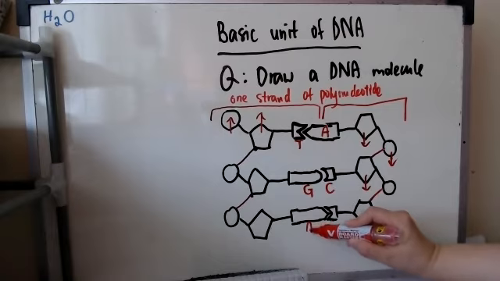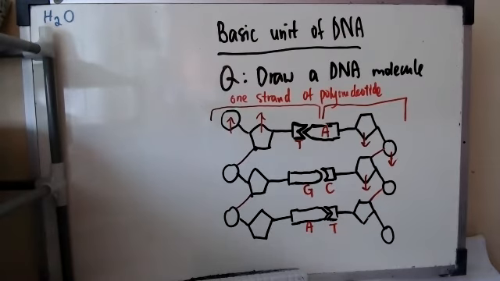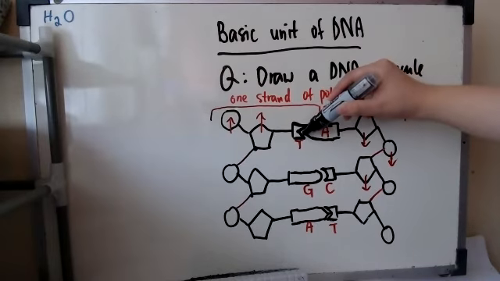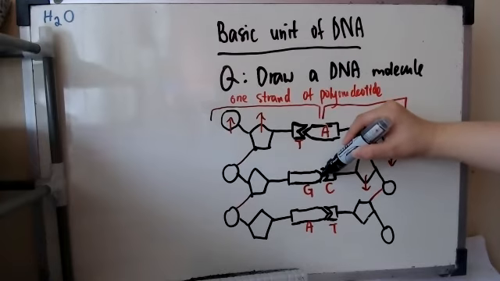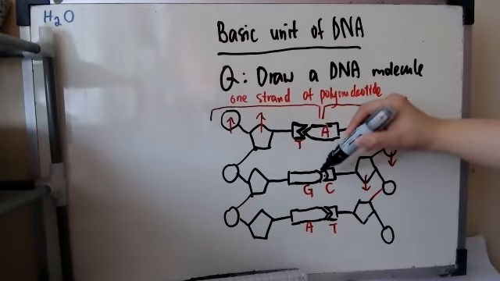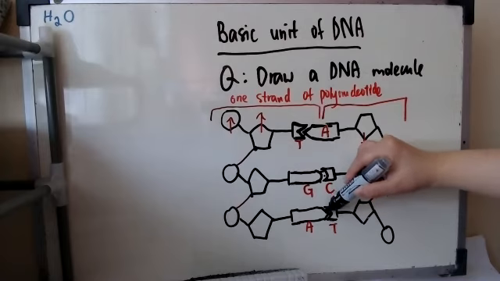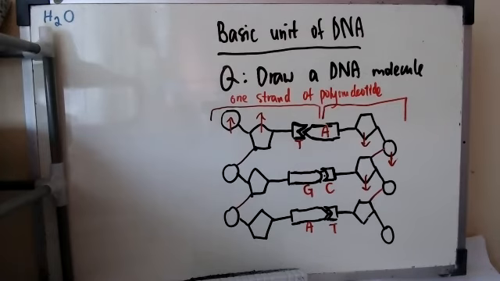So A is the bigger one, T is the smaller one. Okay? And then A and T have 2 hydrogen bonds. G and C have 3 hydrogen bonds. This one has 2. So this is how you draw a DNA molecule.